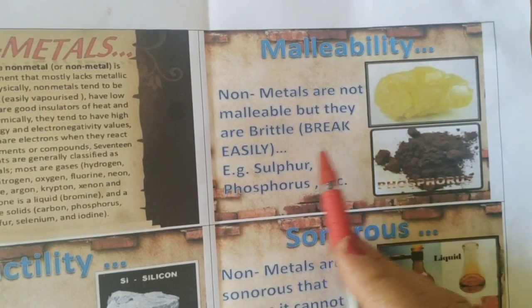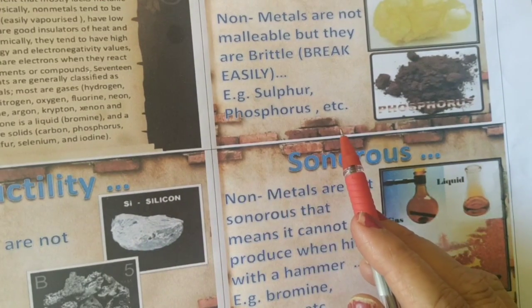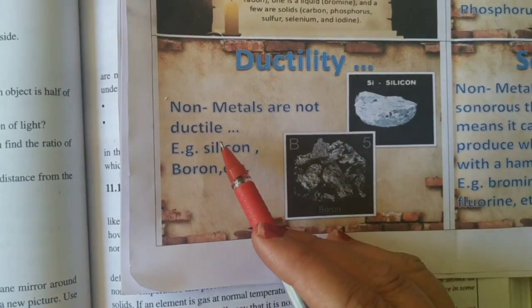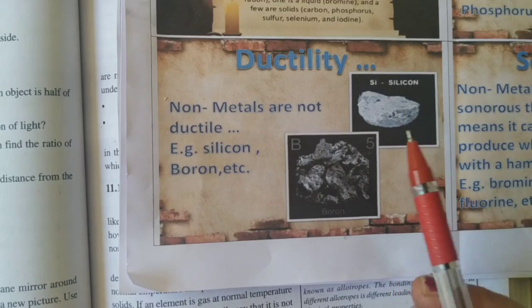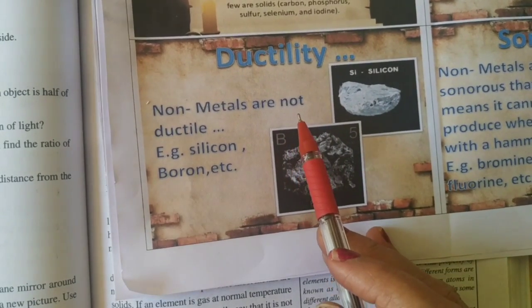Brittle means they break easily, such as sulfur, phosphorus, etc. About ductility, nonmetals are not ductile. We cannot draw them into wires.